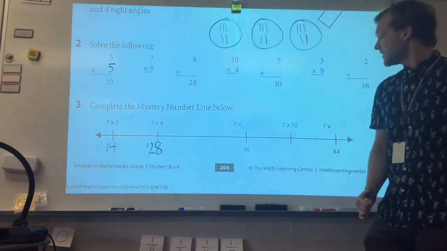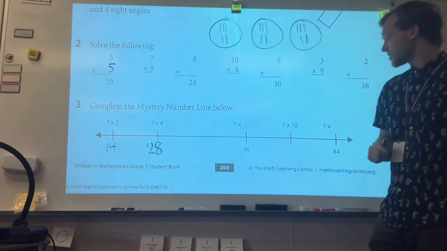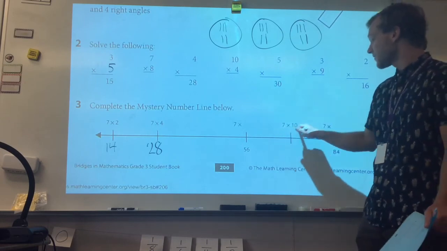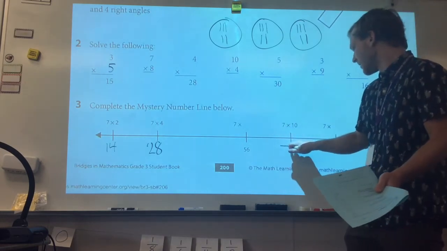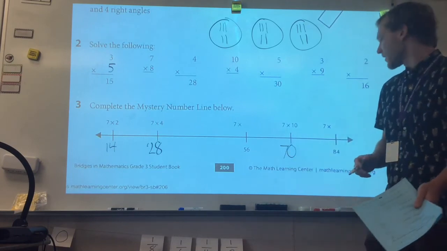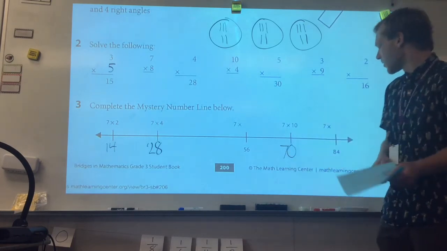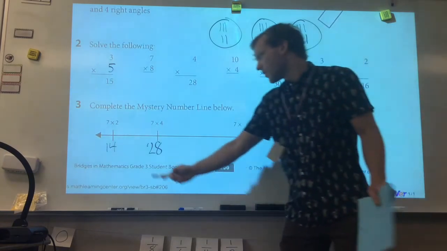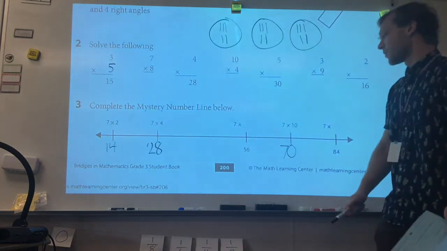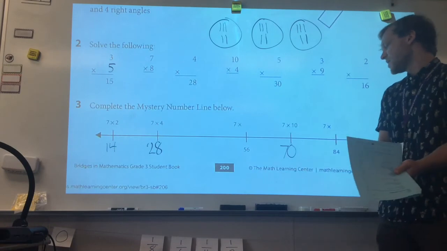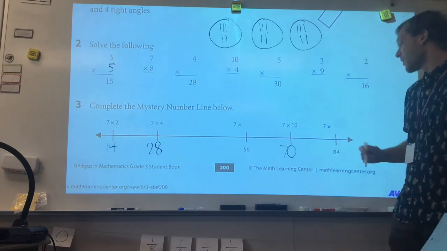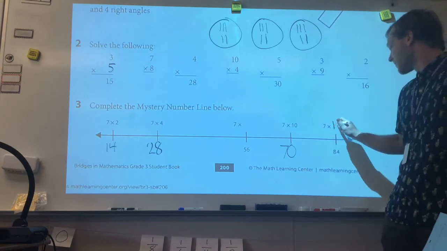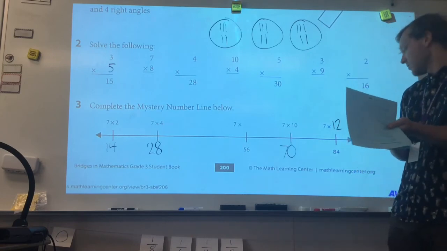You could count up by 10s, or you could count up by 7s, or you could know that your 10s facts, well, that's a pretty quick one, isn't it? And then how many more do we need to go up to get to 84? Well, we know 2 groups of 7 is 14, and 14 plus 70 would be 84. So 7 groups of 12 is equal to 84.